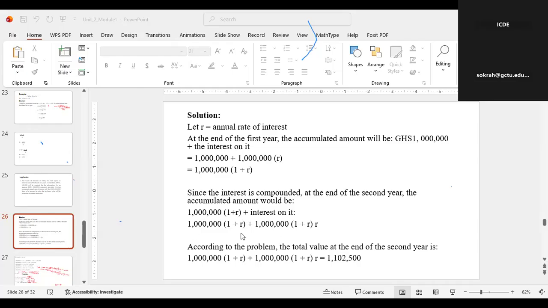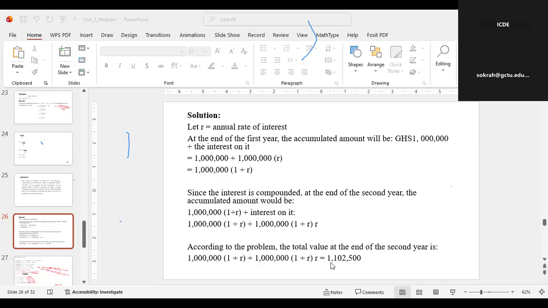What we have gotten here now at the end of the second year should be the total. But because we don't know the value of R, we cannot tell the exact figure. That's why the question is asking us to find the value of R. But fortunately for us, the question told us the exact figure that we should have if we knew the value of R. So all this here should be equal to that figure the question gave us.